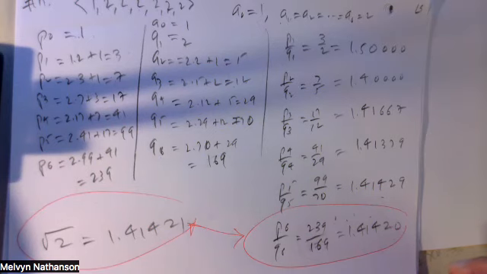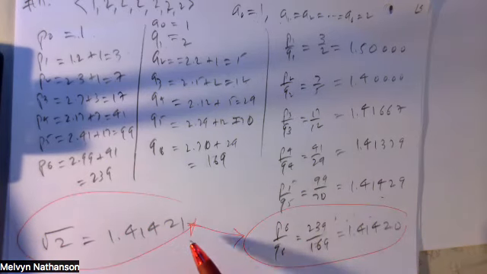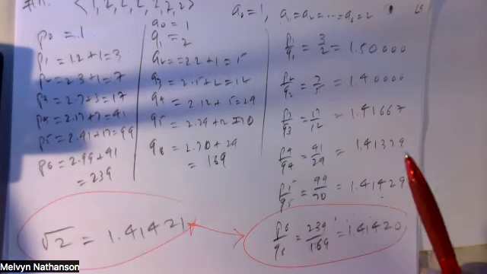Okay. And there is a very important theorem in mathematics that says if you have an irrational number like the square root of 2, irrational means you cannot write it as a fraction. Square root of 2 is not a fraction. It's irrational.